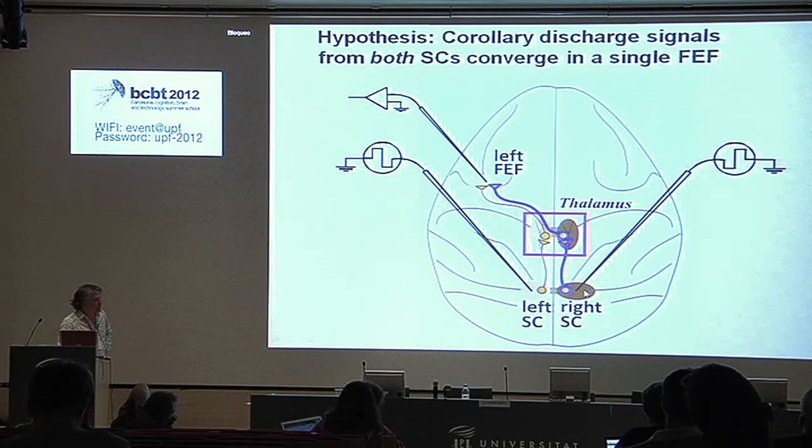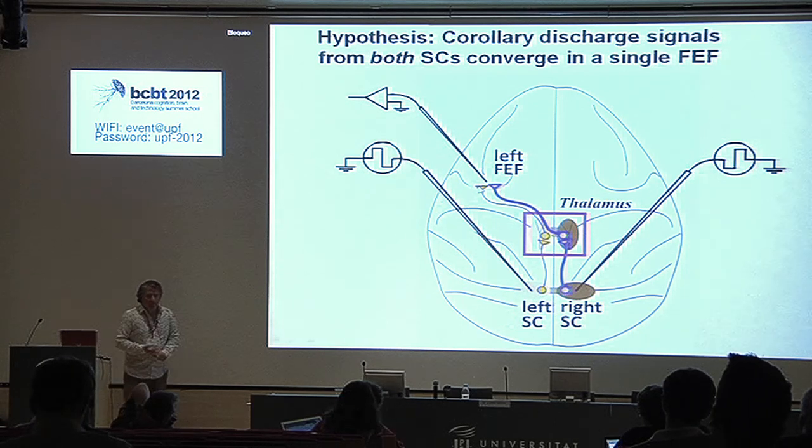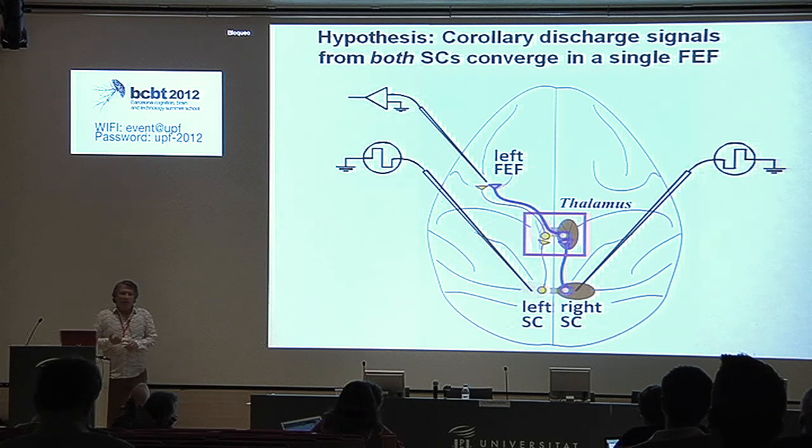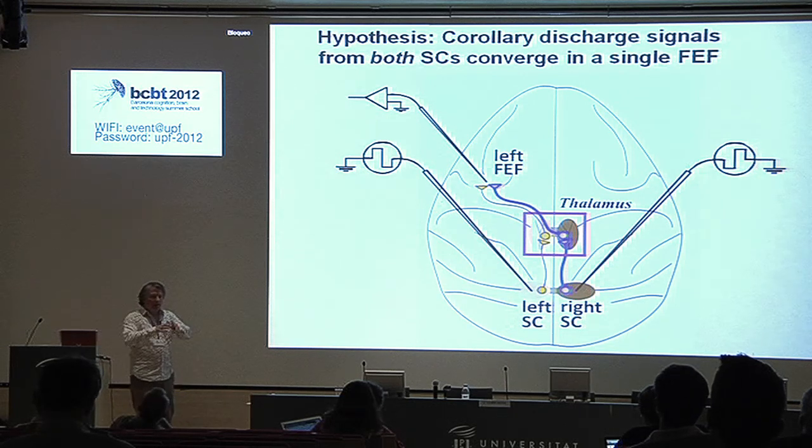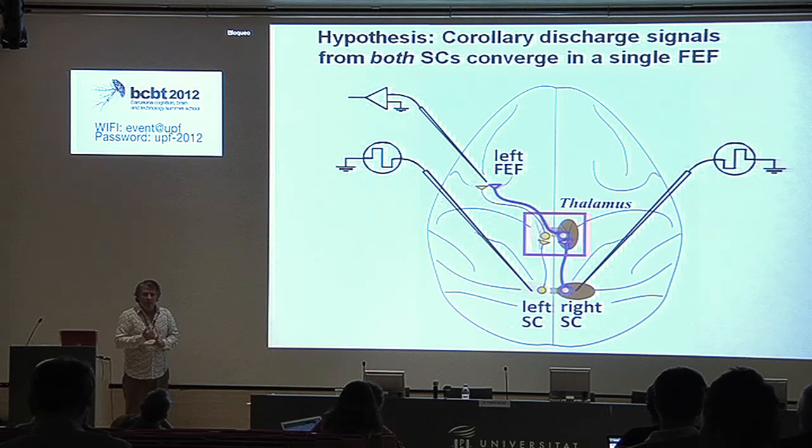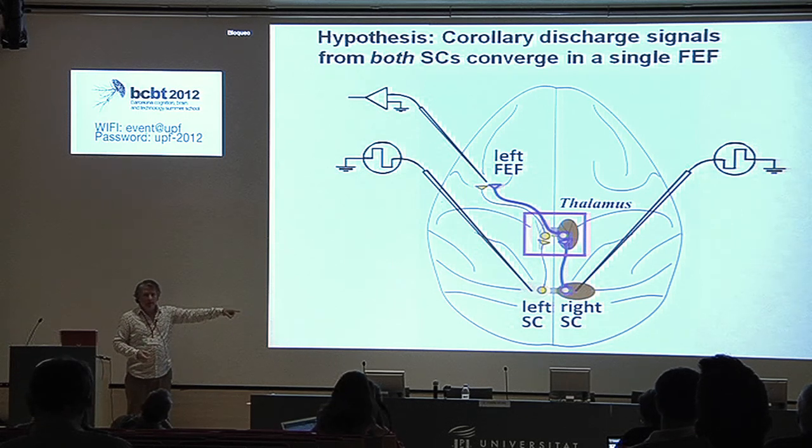And we would then stimulate the colliculus on the other side to see if it was also orthodromically activated. And to jump to the conclusion, we found frontal eye field neurons, they're all intermingled with each other in the same frontal eye field. Some neurons were activated only from the left colliculus, some only from the right colliculus, and some from both colliculi.